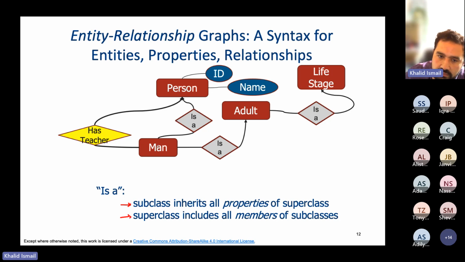For example, if we have a man here, we have 3 persons in the man. So simply the superclass person does include all the members of the subclass. Okay, if we think about the animals, the animal as a superclass does include all of the animals that we have got, the dogs, cats, and all of that, and all of the instances or the members of the class are simply included in the animal superclass.